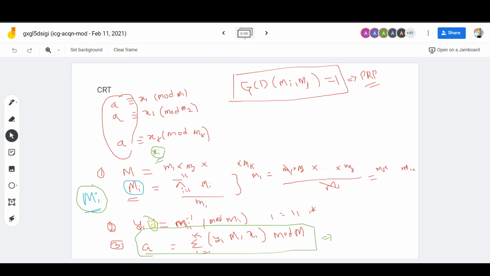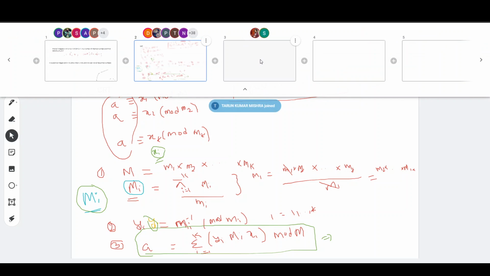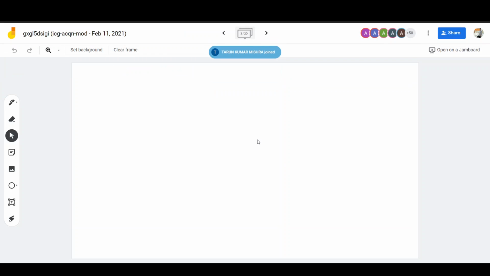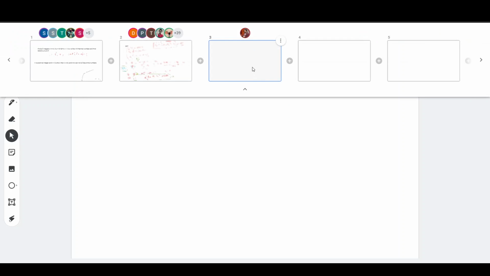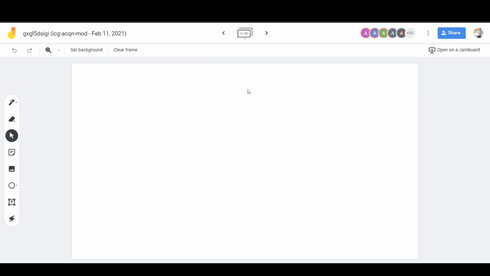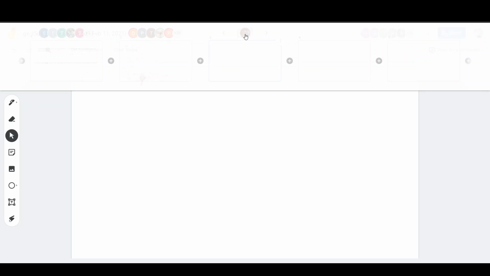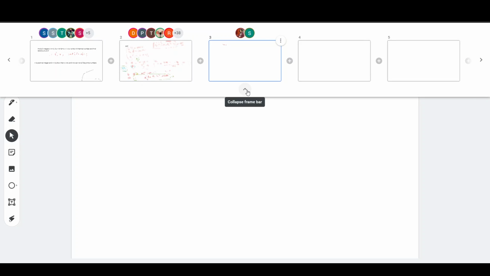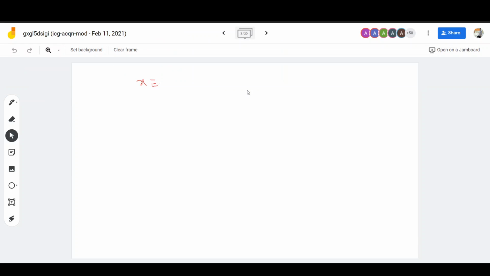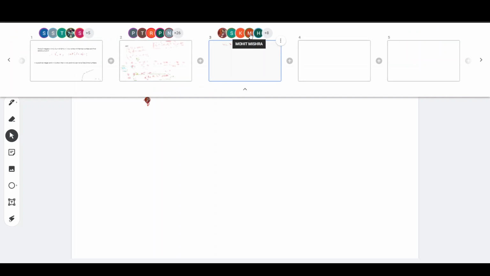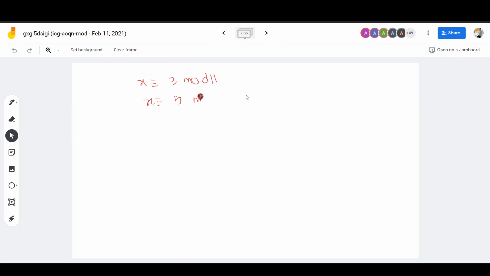We will choose a small example to solve a problem based on this particular algorithm. Suppose x is congruent to 3 mod 11, and again x is congruent to 5 mod 13.